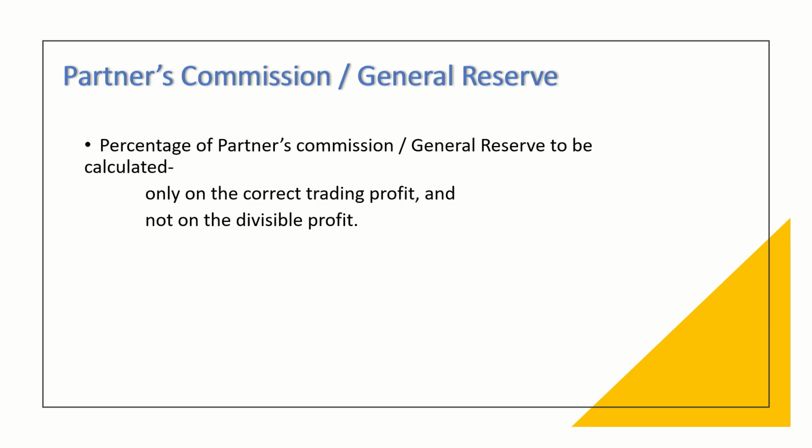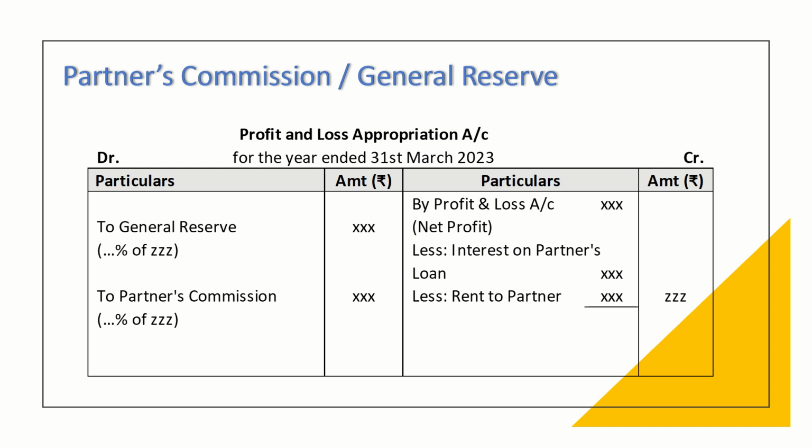Okay, let's move on to the next one where we have partner's commission or general reserve. Both of these are to be calculated on the correct net profit and not on divisible profit. Be very careful. Read the question carefully to understand this better. Let's have a look at the PL appropriation.